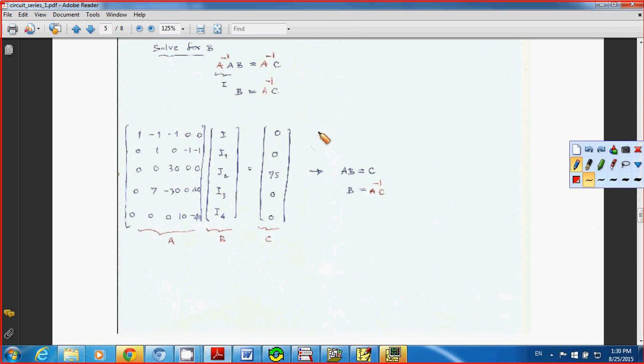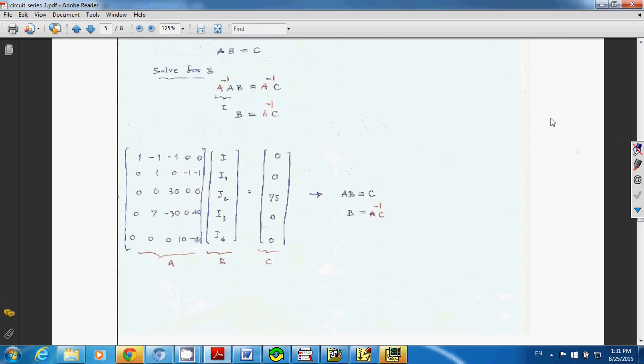The way you multiply matrices, you need I, that's why I have 1 here, then minus I1, that's why I have minus 1 here, because you need to multiply by -1 to I1, and also you have negative 1 here because you want the equation I minus I1 minus I2 equal to 0. Okay, this is the way to set up a matrix.